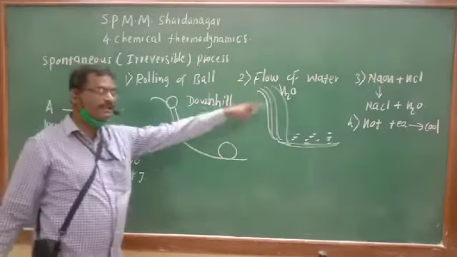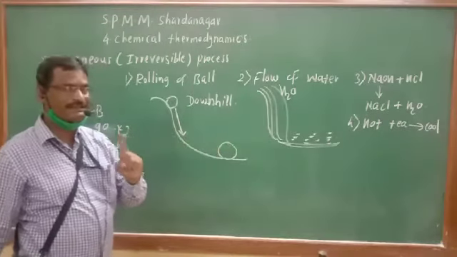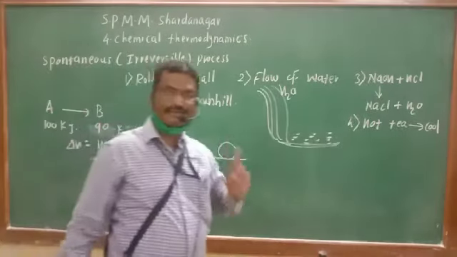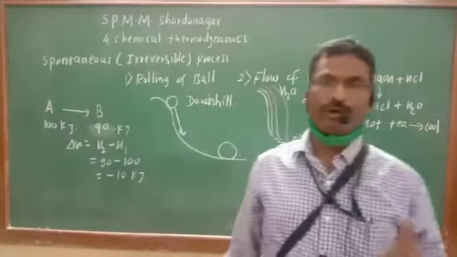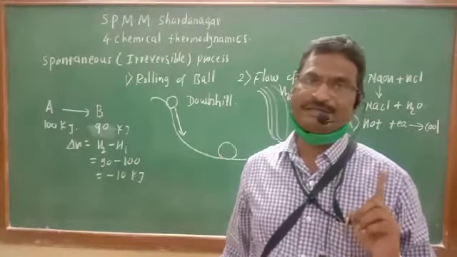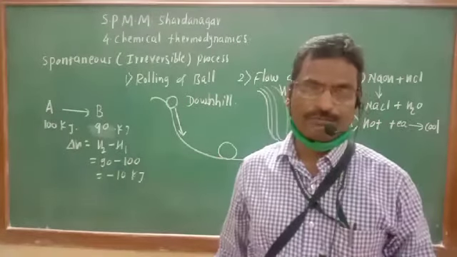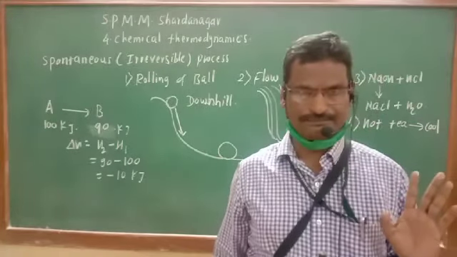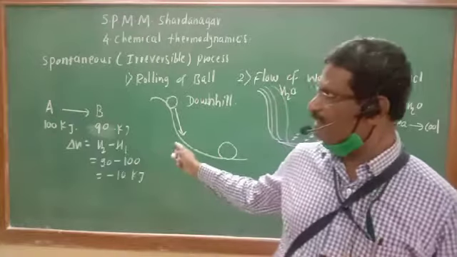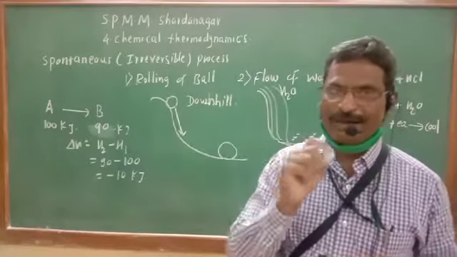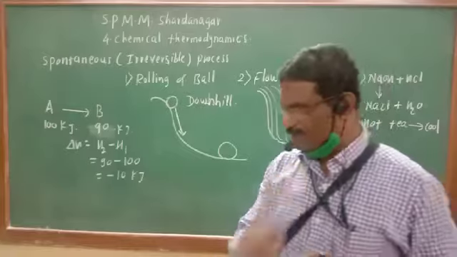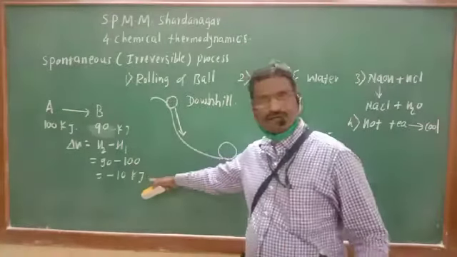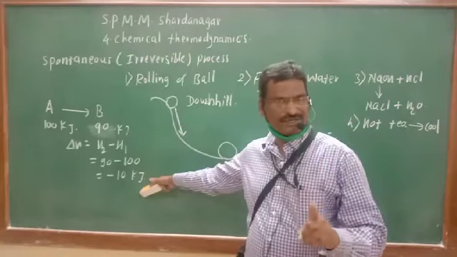And for all these reactions, the enthalpy change is negative. Therefore, it is considered that the processes are spontaneous whenever the enthalpy change is negative and the reaction is exothermic in nature. So, what is the criterion over here? With the help of enthalpy change, what can we say? If the enthalpy change is negative, the process is spontaneous.